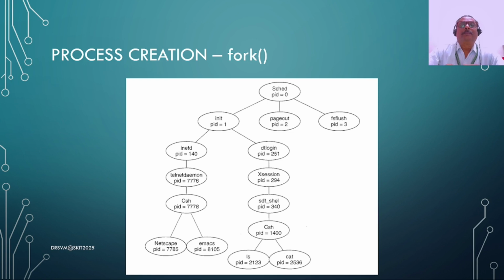The first part of the kernel that gets booted is a scheduling component, and let's say its PID is 0. Then we create another process called init that's going to initialize the resources.